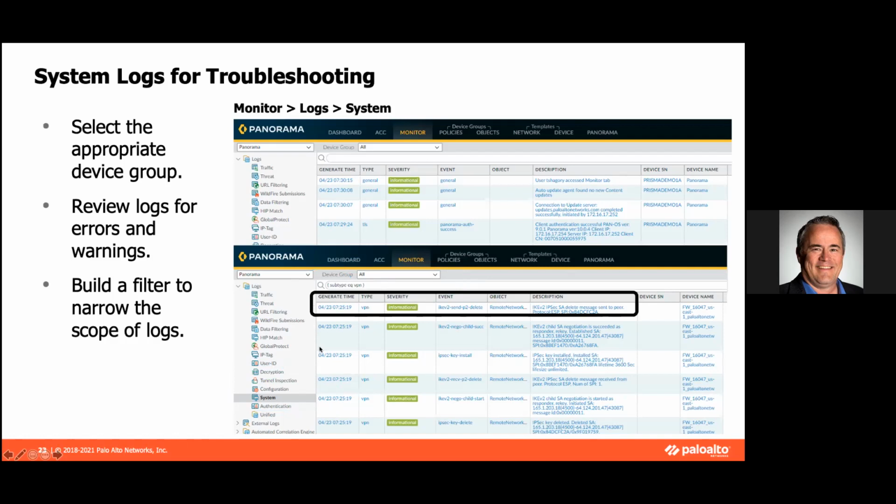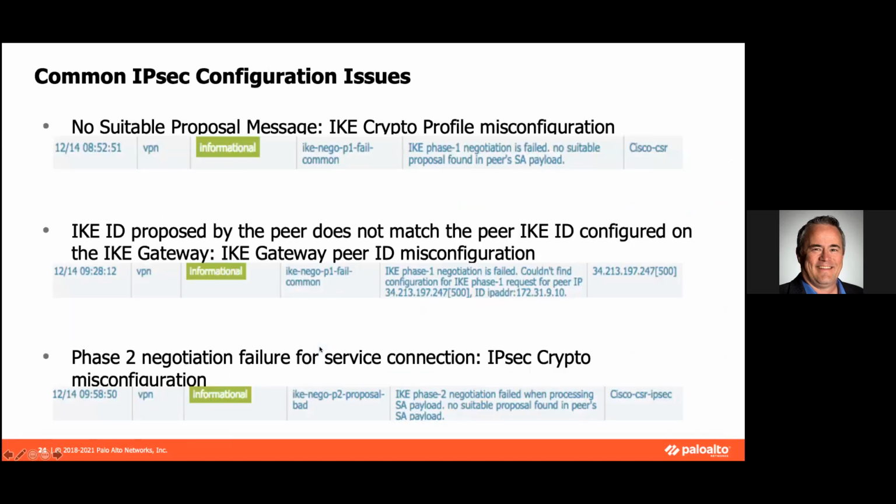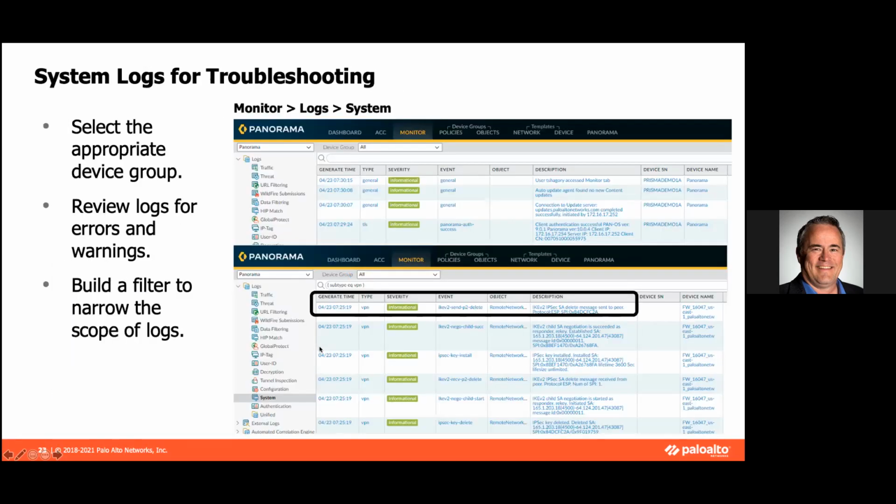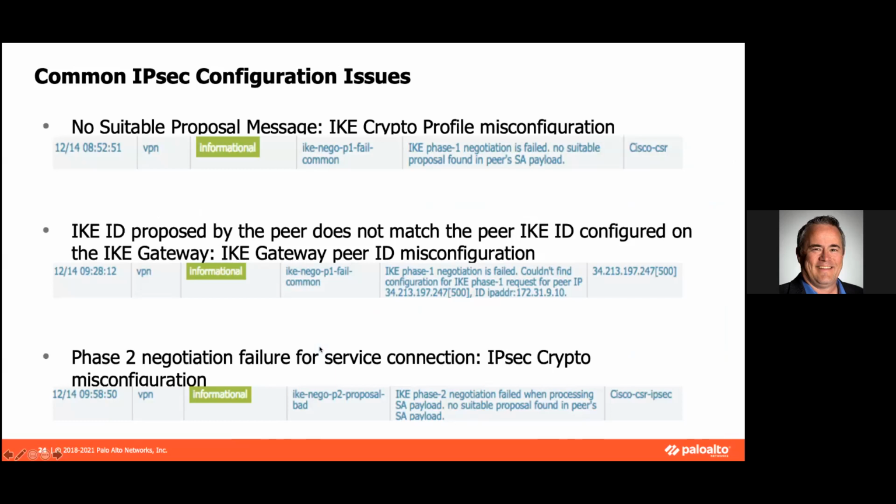And if I'm trying to troubleshoot an issue, when I see events with descriptions, I can look at the details of these descriptions. And they usually give you really good information for troubleshooting problems. This is also useful on on-premise firewalls, right? Some examples.